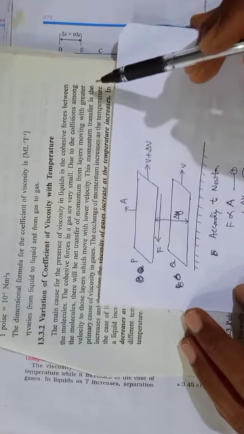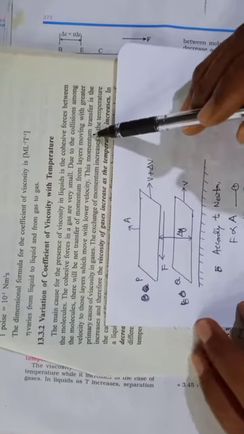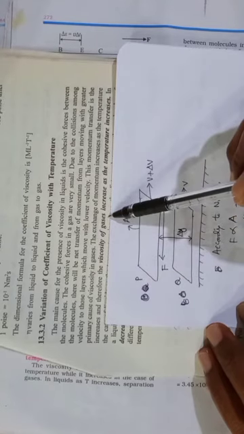So there is a net transfer of momentum from this layer to this layer. This momentum transfer is the primary cause of viscosity in gases. The exchange of momentum increases as the temperature increases, and therefore the viscosity of gases increases as the temperature increases.